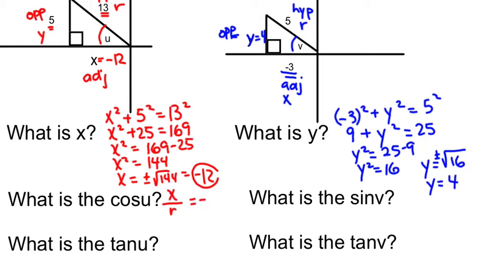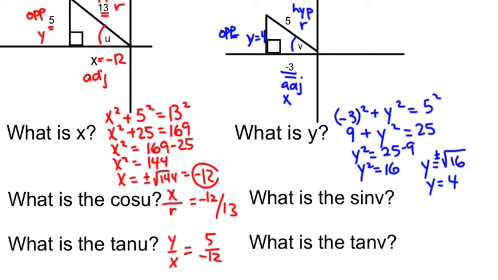So we have -12 over 13. The tangent, right triangle trig, is opposite, which is y, over adjacent, x. So we have 5 over -12.